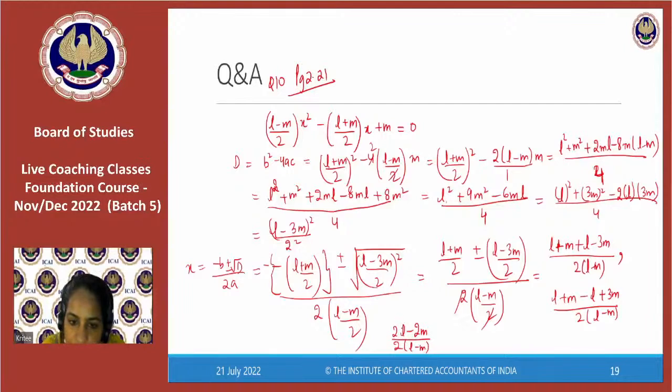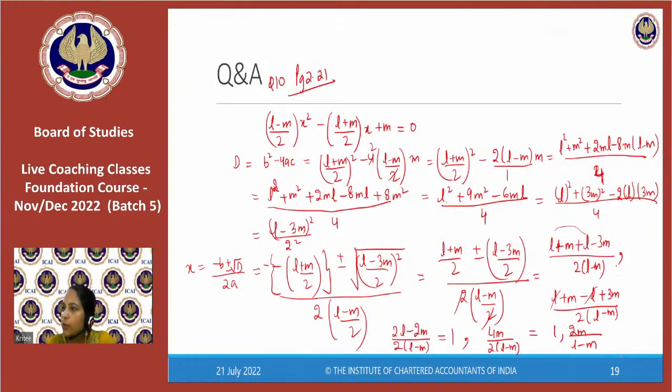If you see, 2L minus 2M are the same as the denominator, so this cancels and becomes 1. For the other one, L minus L cancels, 3M plus M becomes 4M by 2 into (L minus M). So it is 1 and 2M upon (L minus M) as your correct answer, which is part A.